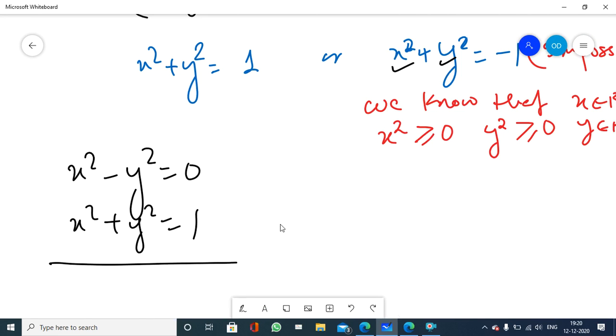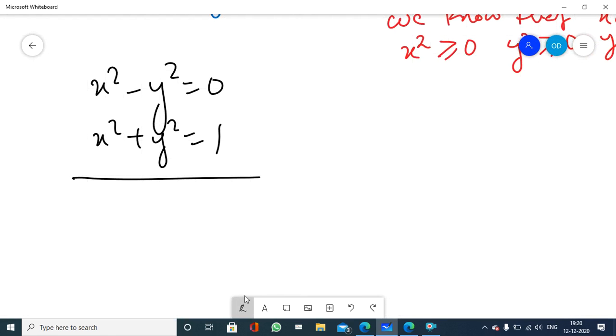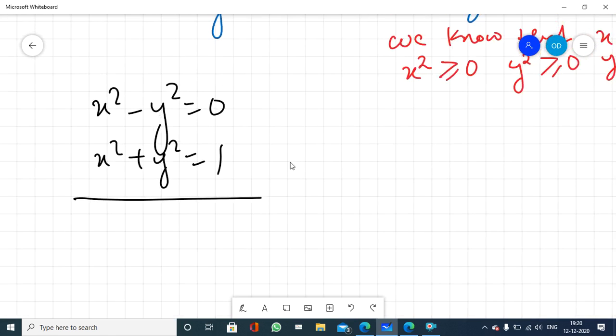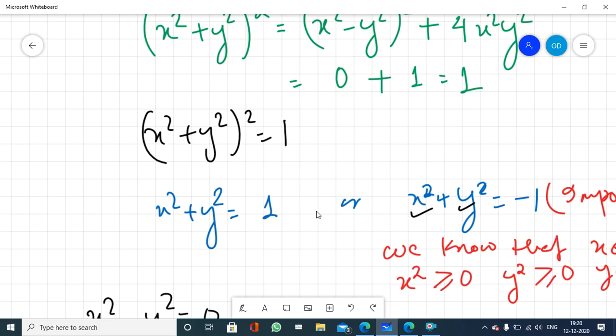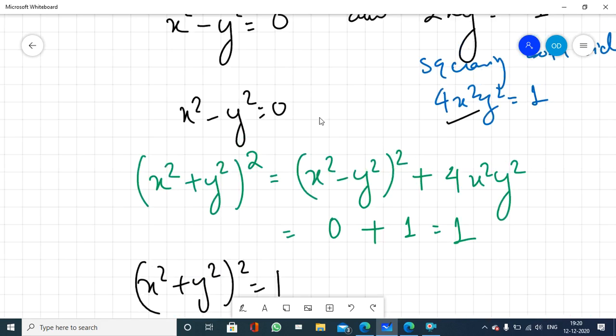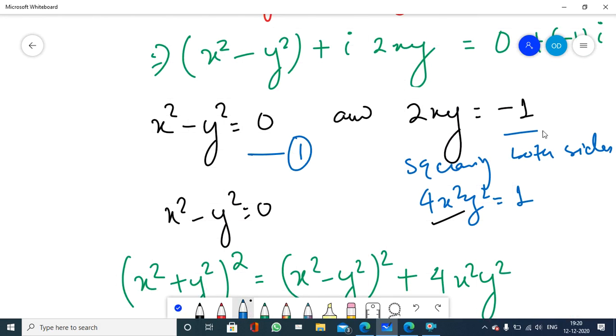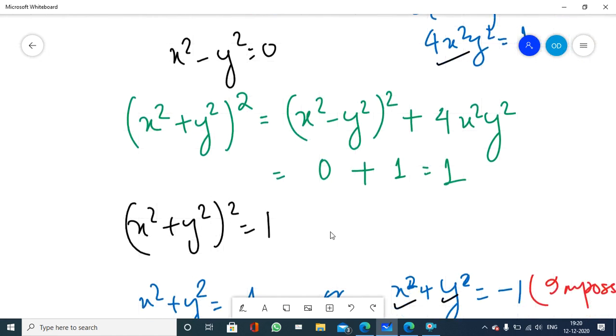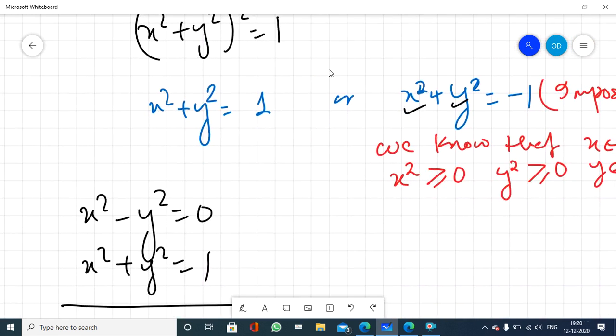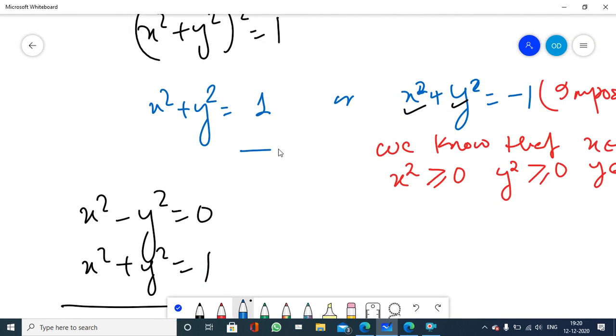So we add the two equations. Let this be equation number 1, this be equation number 2, and this be equation number 3.